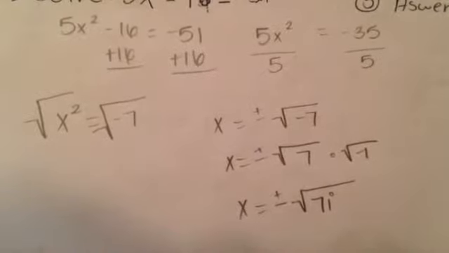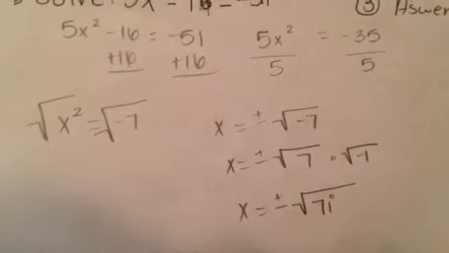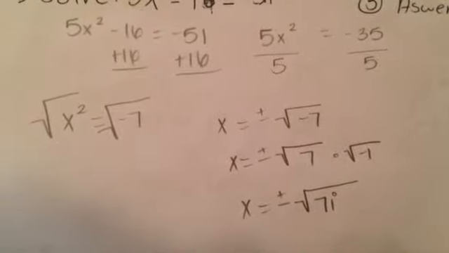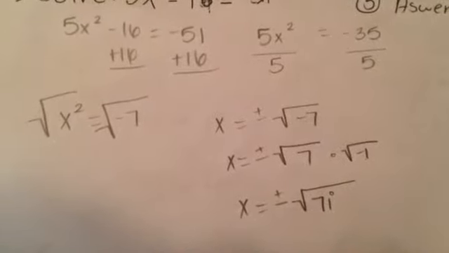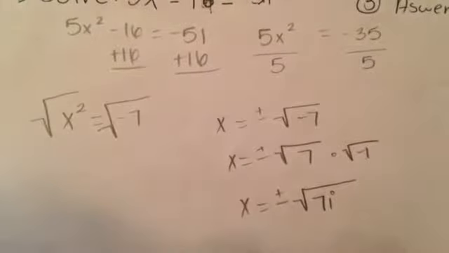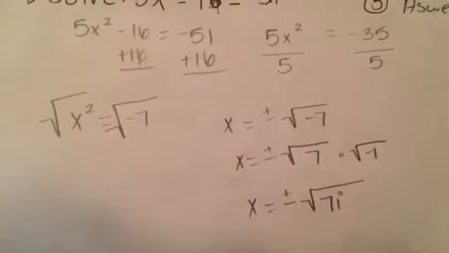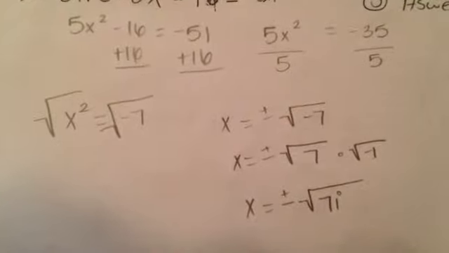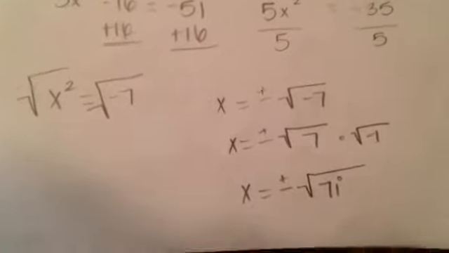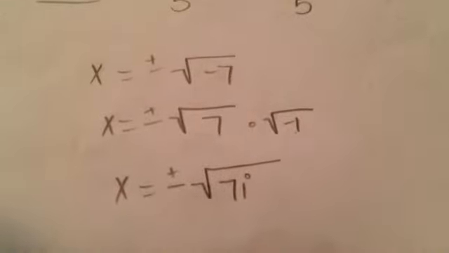To get x by itself again, you divide both sides by 5, and you end up with x squared equals -7. To get rid of the square, you have to find the square root of both sides, which eliminates the squared sign on your x. Then you get x equals plus or minus the square root of -7.